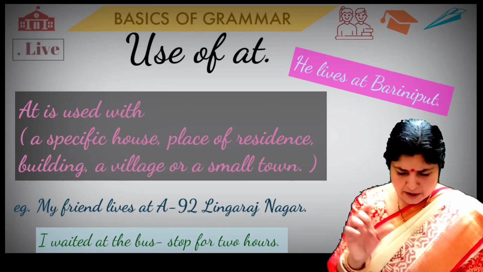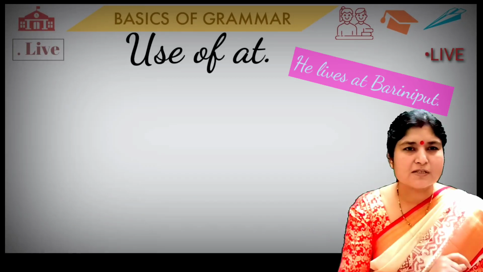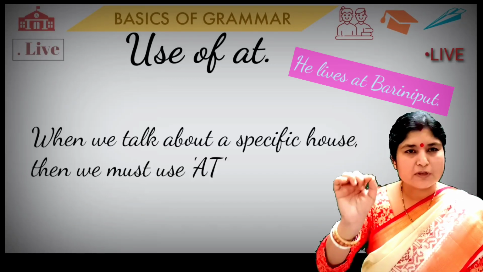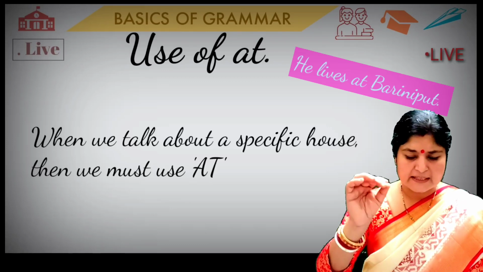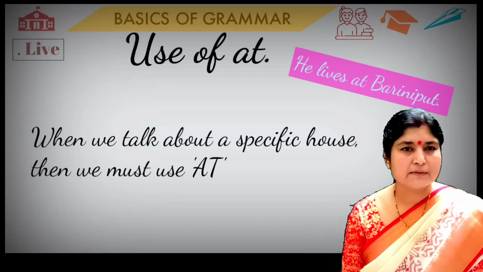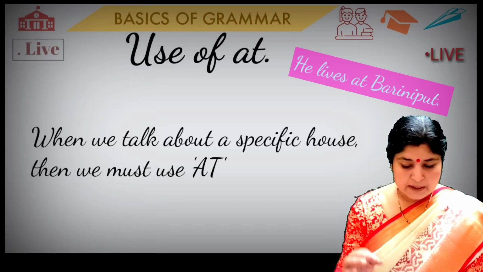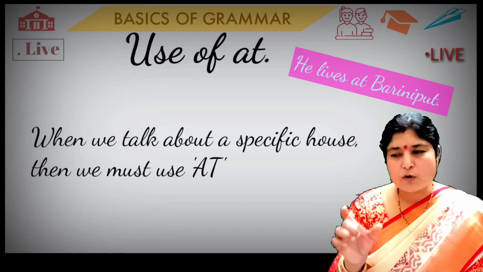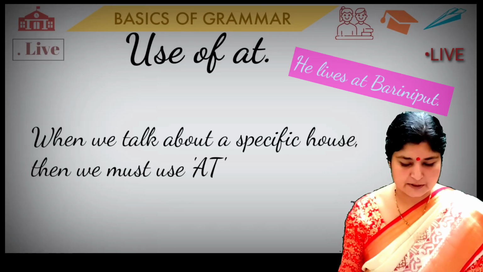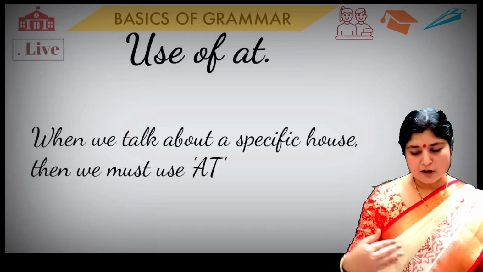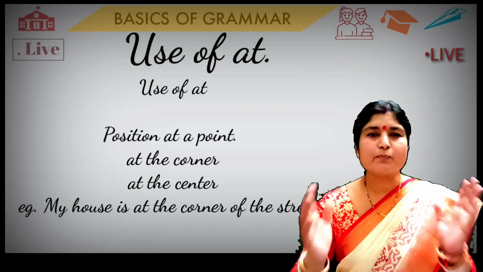So when we talk about a specific house like A92 Lingaraj Nagar, or a specific place like at the bus stop, the same at Barniput. As we know, Barniput is a small village.